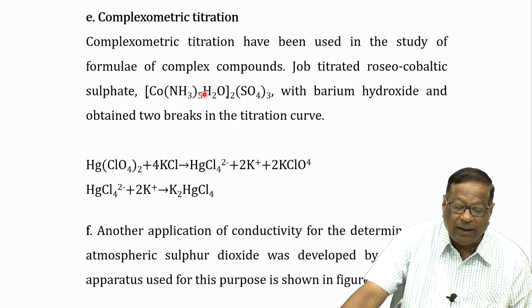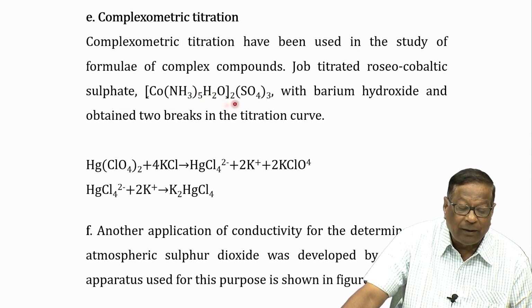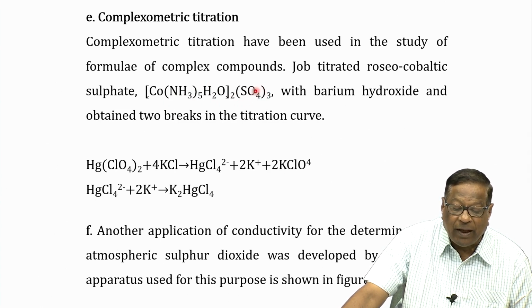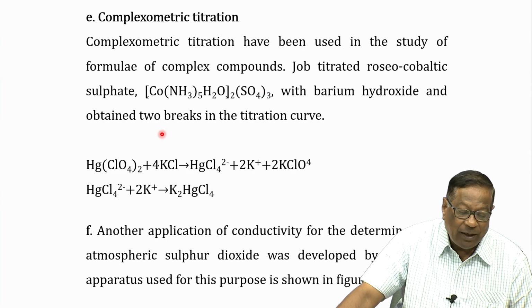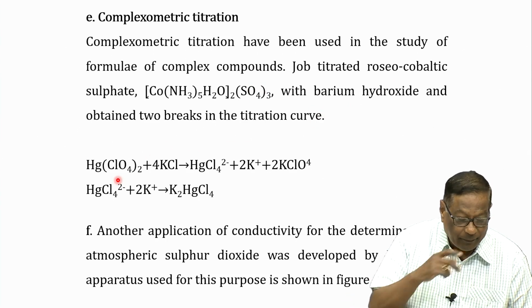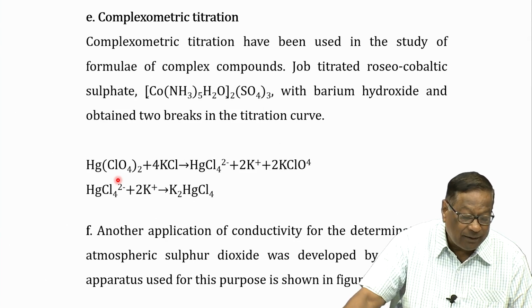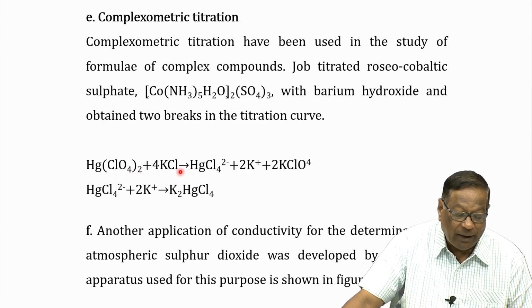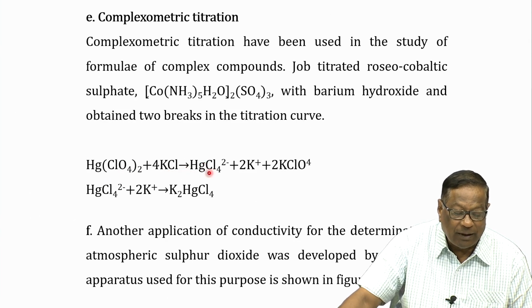It is a hexadentate ligand, and this is the anionic part. He titrated with barium hydroxide and obtained 2 breaks in the titration curve. Another application is mercuric perchlorate titration with potassium chloride, which will give you HgCl4 2 minus.